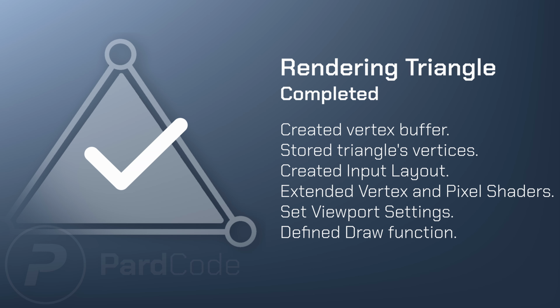In addition, we explored how to extend the vertex and pixel shader code to properly process the triangle's vertices and color its surface. In the end, we saw how to set the viewport area of the render target where we have rendered our triangle and how to define the draw function, which starts to execute the stages of the pipeline.